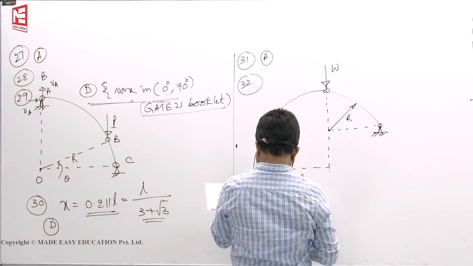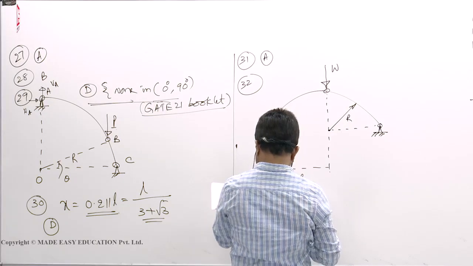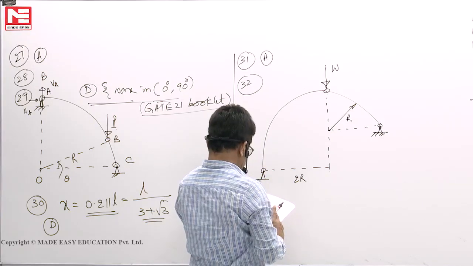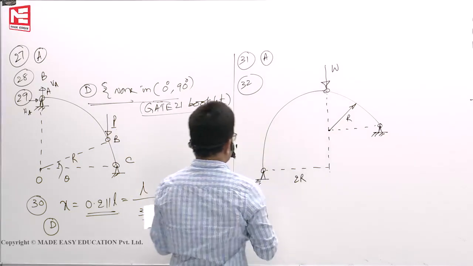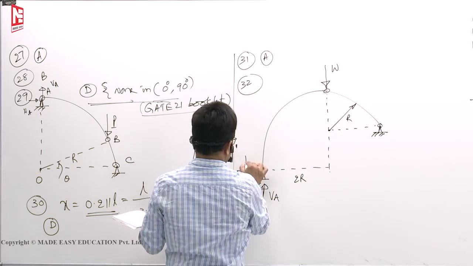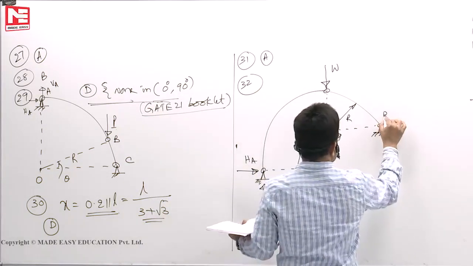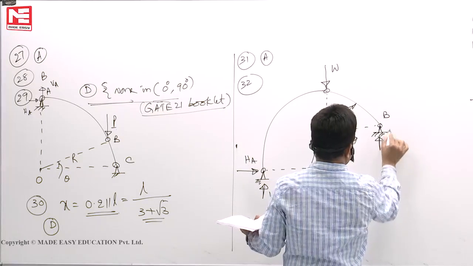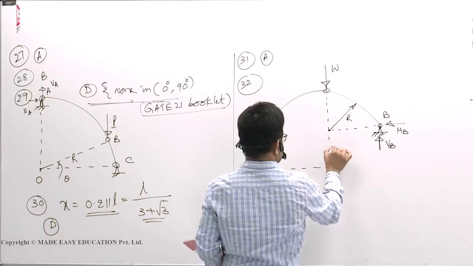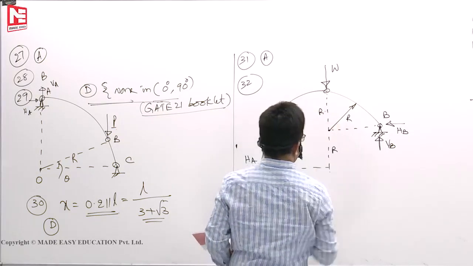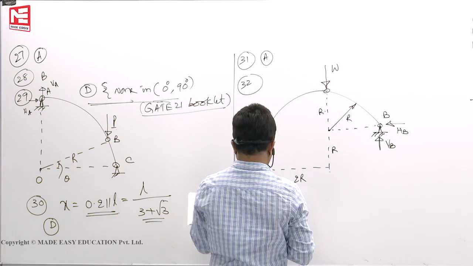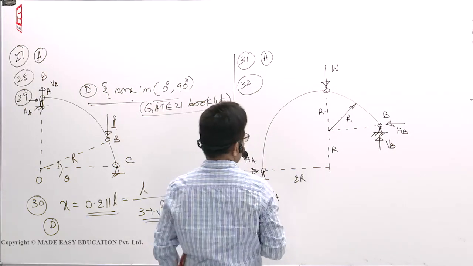Consider the following in respect of the reactive forces developed at supports A and B due to the concentrated load at the crown. So due to this load there are two reactions, VA, HA. This point, let us say B, VB, HB. Now this distance is R, this distance is also R. Now you have to find the line of action of RA, inclined at 45 degrees to the horizontal.